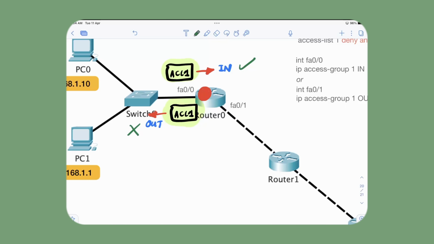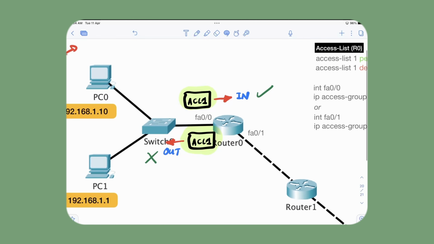As the data goes inside this router, we must already check: is this allowed or not? ACL 1 says this is not allowed, because we block PC0. So as it goes inside router 0, we check, and after checking we know this is blocked, so I throw this away. I hide this somewhere you cannot see.